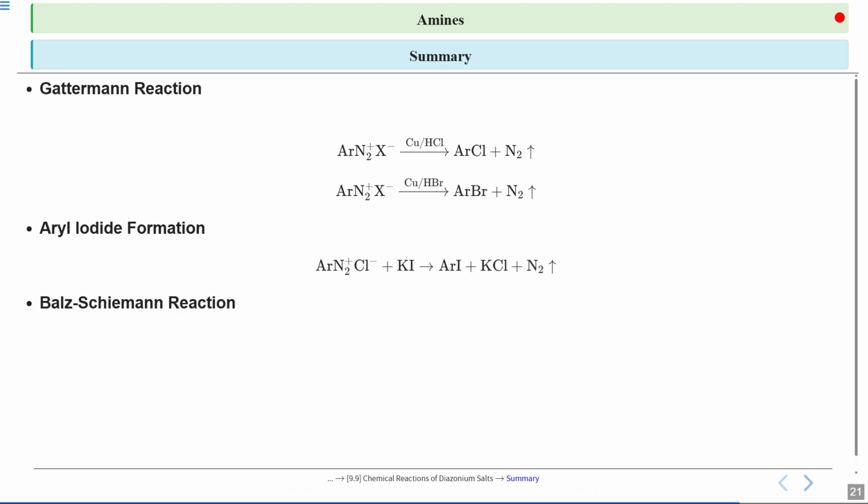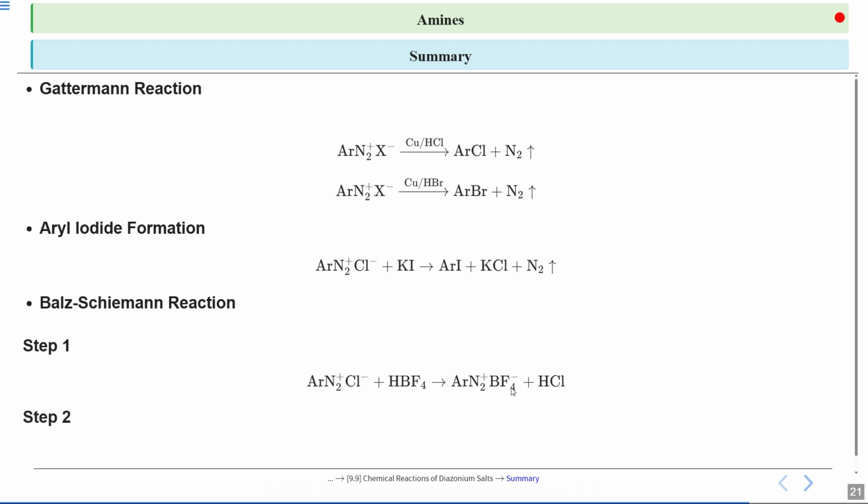Then we discussed the Balz-Schiemann reaction. This is a method for making aryl fluorides. It happens in two steps. In step 1, it involves reacting the aromatic diazonium chloride with HBF4. This forms a new salt, diazonium tetrafluoroborate, which is more stable. Diazonium chloride and HBF4 react to form ArN2+ BF4- and HCl.